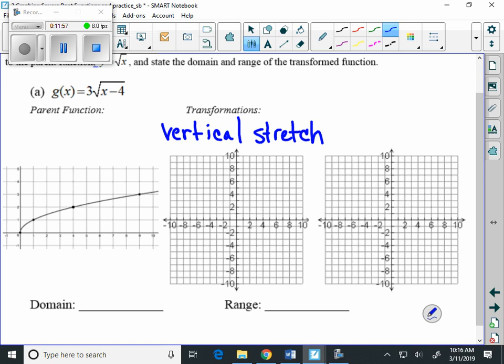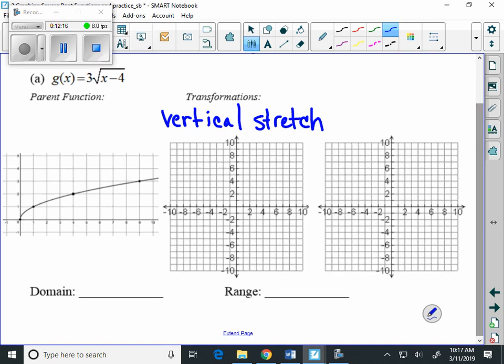We're not doing any horizontal stretches and compresses, but conceivably, if you continue to take math, you will. So you need to be able to distinguish between the two. But once again, our ordered pairs on our parent function are 0, 0, 1, 1, 4, 2, and 9, 3.